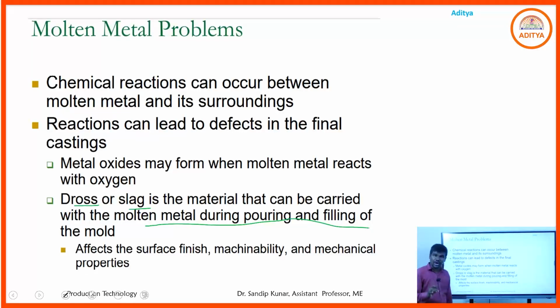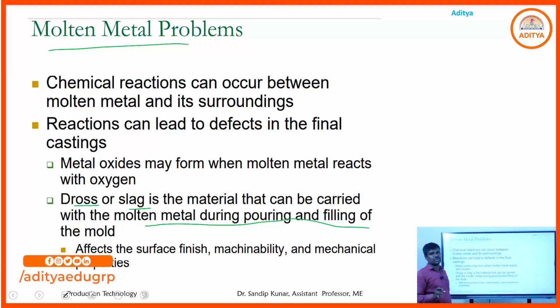Due to the presence of impurities and slag in the mold cavity, the product is not of good quality, because the strength of the product is reduced. The presence of gas porosity also reduces the quality and strength of the product. Those are the main basic problems of molten material.